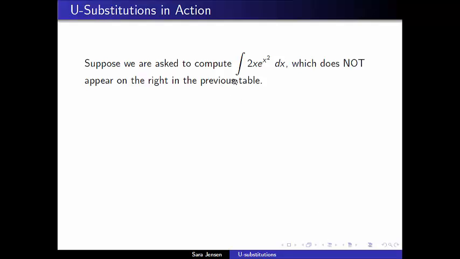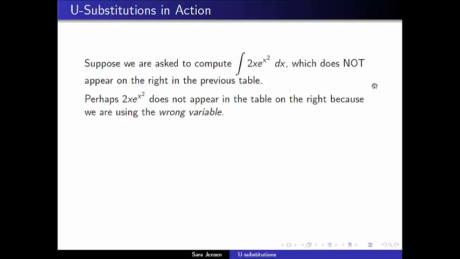For example, if I were asked to find an antiderivative of the function 2x e to the x squared dx, that's an example of a function that does not appear in the right-hand column of the table that was just shown. However, perhaps the reason that this function does not appear in the table is because the variable is wrong.